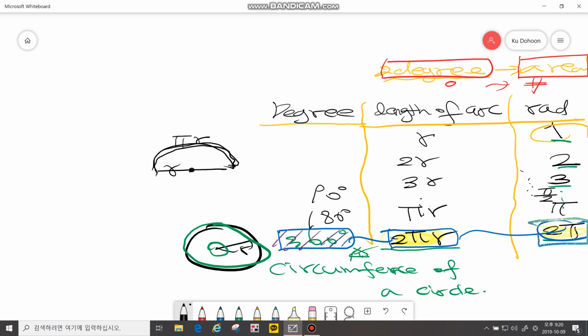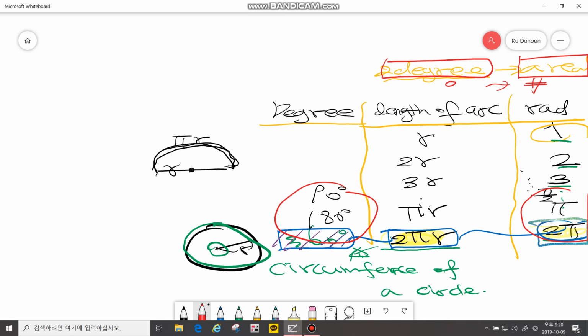So now we have a way to relate degrees with an actual number, like 2 pi over 2. Now we can define what 1 radian is.